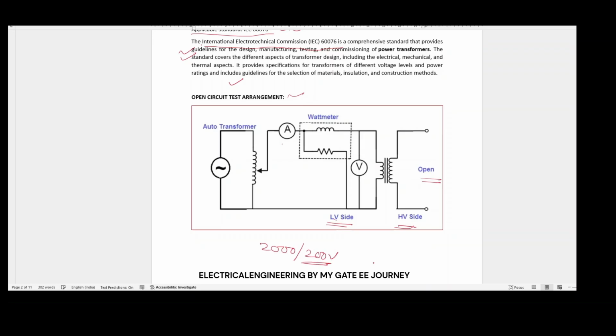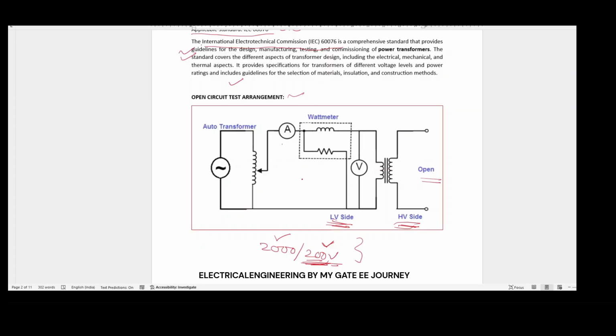In this case, it is difficult to arrange a 2000 volt source compared to a 200 volt source. So from the power supply arrangement point of view, and since at a lower voltage itself we are able to get the test done, we do the open circuit test on the LV side only, and the HV side we keep open. That is the name itself, open circuit test.